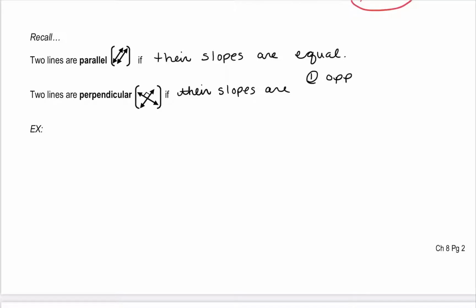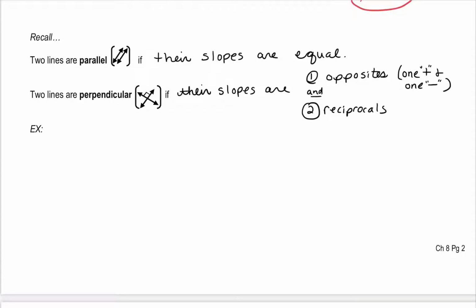If their slopes are opposites, and when we say opposites, we really mean that one is positive and one is negative, so opposite signs, and if they are reciprocals. So remember, that's where you switch the numerator and denominator, or flip the fraction, for lack of a better word.